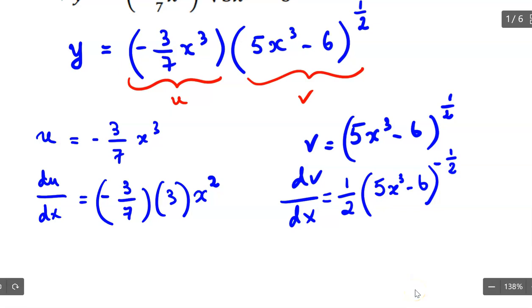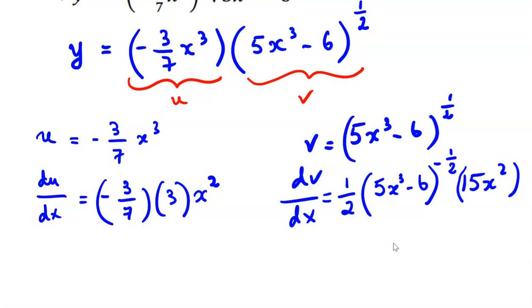So 15 x squared minus 0, because the derivative of 6 is actually 0, so I don't have to write that. So here I have the derivative for v.